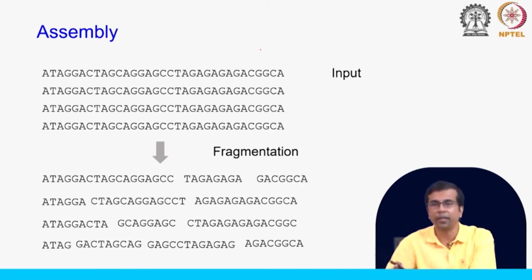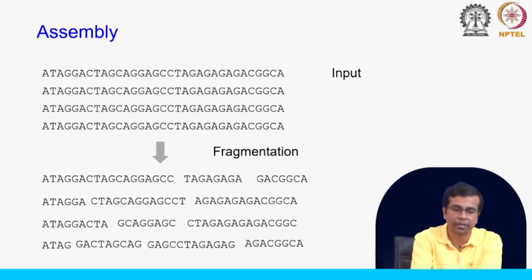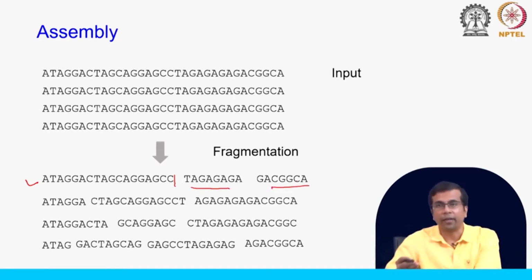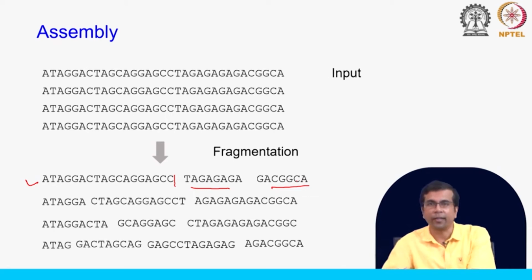It will fragment at random places mostly, unless you are using restriction enzymes for digestion, or any other such as physical fragmentation. Those will generate random fragments. I have shown these fragments by these spaces in between. For this copy, let us say we have one fragment here, then the second fragment, then the third fragment, and it is very unlikely that you will get fragmentation at the same place for all DNA copies.